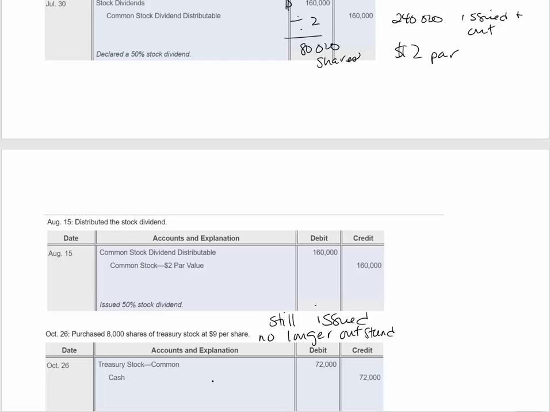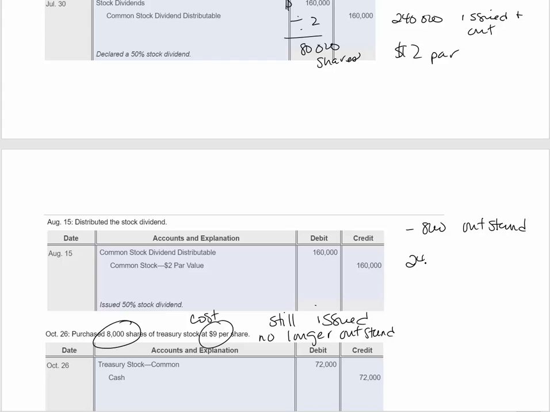So in this case, we bought back 8,000 shares at $9. So that's the cost. That's the number that we will keep track of. There are 8,000 shares. We subtract 8,000 shares from the outstanding. They're still issued.